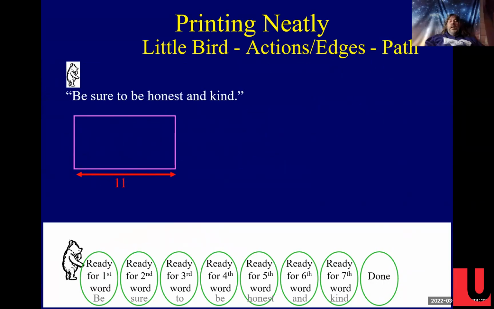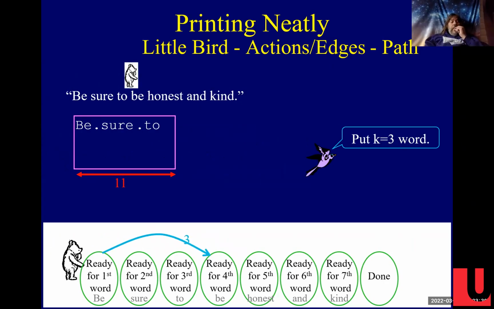All right. So what does the path look like? Well, the bird could tell him to put 3 words on. So here he did. He put the 3 words on. He moved over to B. There was a cost to doing that.